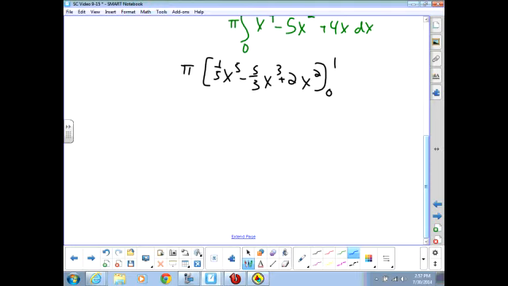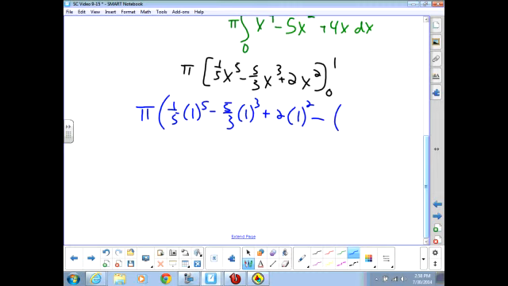We'll plug in 1 and we'll plug in 0. So we'll have pi, 1/5 times 1 to the 5th minus 5/3 times 1 cubed plus 2 times 1 squared. Minus, when we plug in the 0 it is going to wipe everything out, so we can just put it as a big 0 if we want. So this will be pi times 1/5 minus 5/3 plus 2.